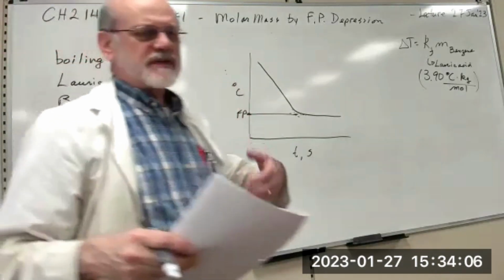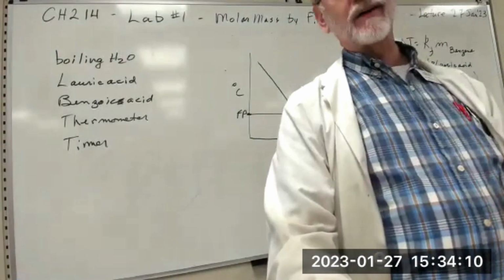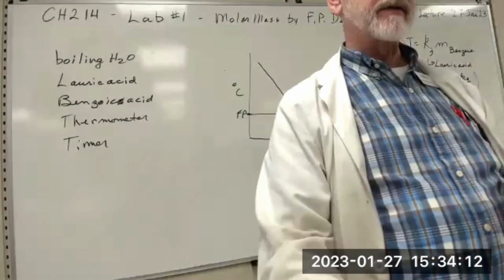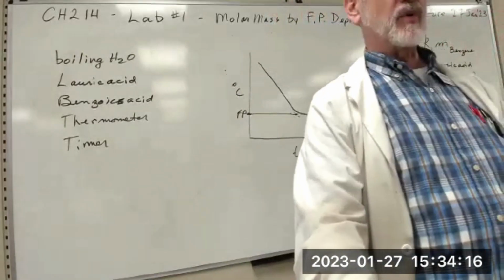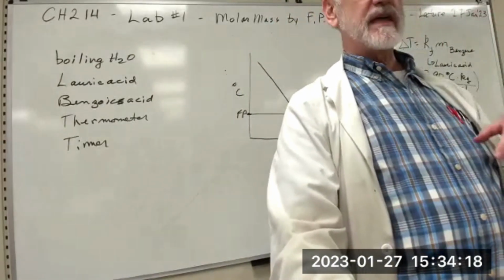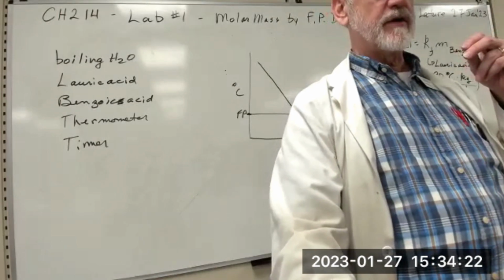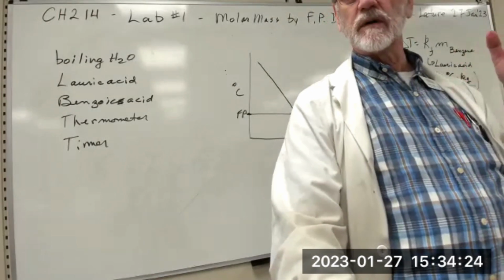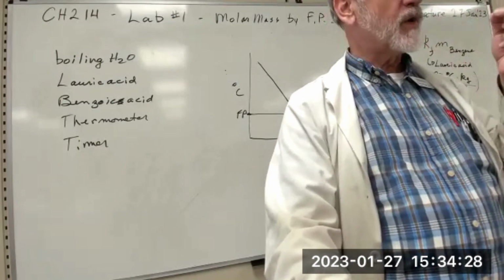The problem with these amorphous solids, like lauric acid and like benzoic acid, is they don't have very well defined freezing points. The ionic solids, yeah, their melting points and boiling points are very well defined.